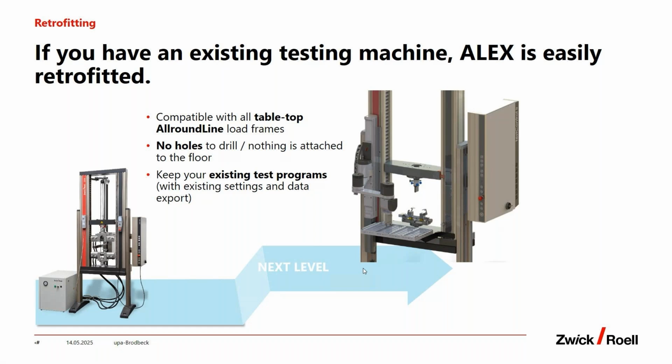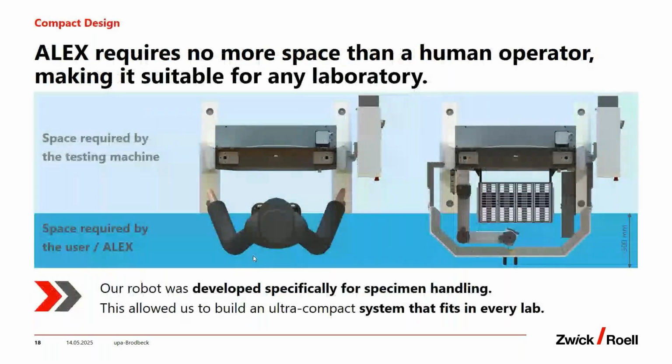It's already bundled in our shelves. We're going to take out the Alex, and before delivery of the load frame, we're just going to add the robotic system. So the good news is, even though the customer bought only the manual testing machine at the beginning, we can directly fulfill his wish after some weeks, delivering not only the manual machine, of course, but also the robotic system.